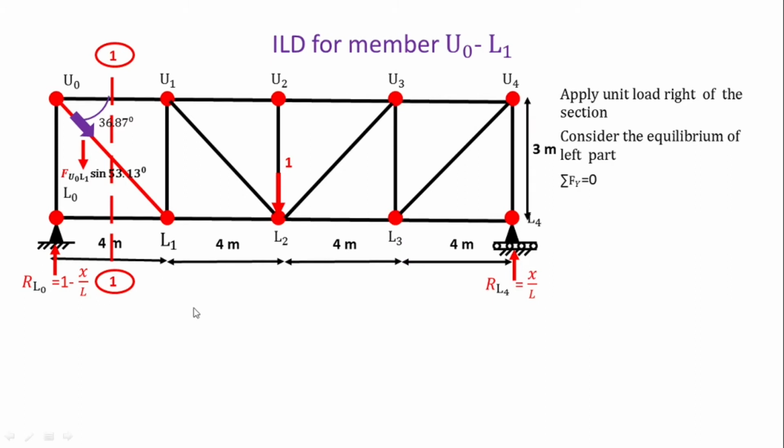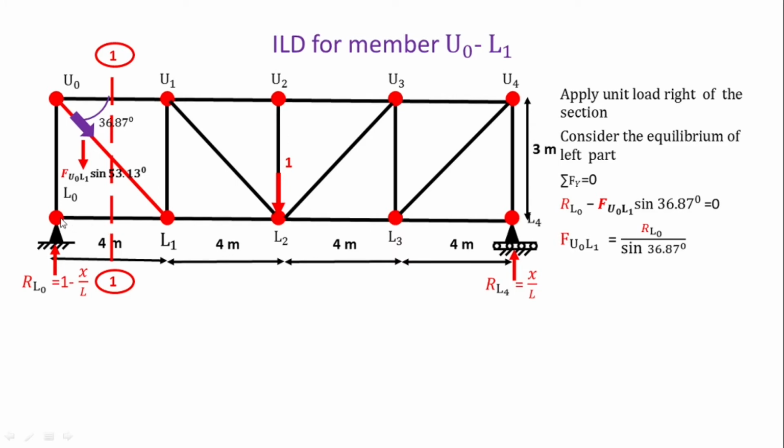Now the equation is: RL0 is positive because it is upward, and FU0L1 sine 53.13 is downward, so it is minus. Now FU0L1 is equal to RL0 divided by sine 36.87. So the unknown quantity is RL0, and RL0 depends upon x.